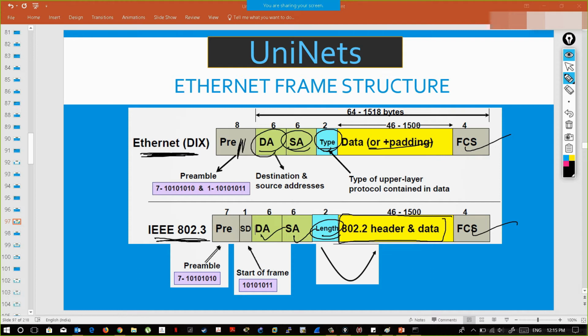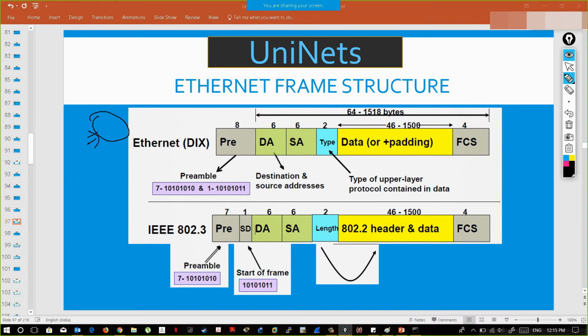Preamble is to synchronize the clock rate of the receiving device to the header's clock rate. You don't need to take much care of it. Just remember destination address, source address, type, data, and FCS.